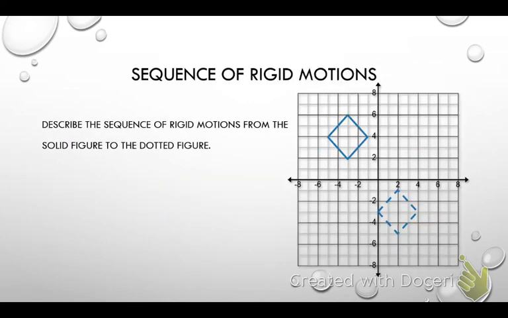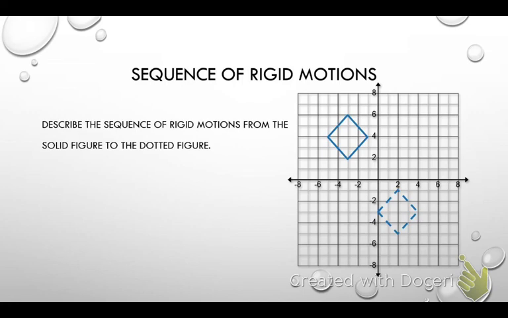Now, last but not least, our sequence of rigid motions. Describe the sequence of rigid motions from the solid figure to the dotted figure. So again, I'm trying to figure out what kind of transformation gets me from point A to point B. Is it a rotation? In this case, a rotation could not be identified, because it's the same unit, so it would kind of look the same depending how I rotated it.